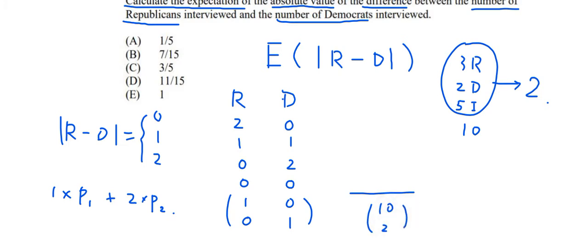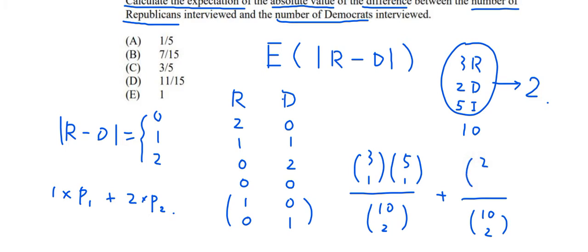So we just pick 1 from Republican, so 3 choose 1, and here choose 0. Then from independent pick 1, right? Okay, so plus, here pick 2. So it can be from 0 1 and 0 1 1. So from here pick 0, from 2 pick 1 and 5 pick 1. Okay, so this is P1.